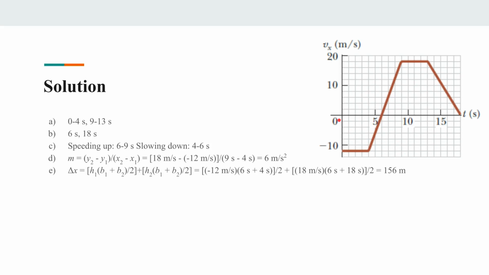Because if the velocity is 0, then the car is not moving at all. So a time at which velocity is equal to 0 will give you the time at which the car is not moving momentarily. And this time, t is equal to 6, so this is 6 seconds. And it goes down to 0 at 18 seconds. So I'll just say 18 seconds because it looks like it's at 0.